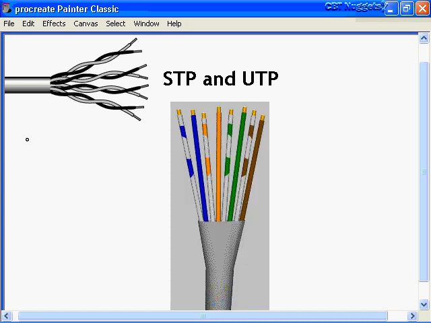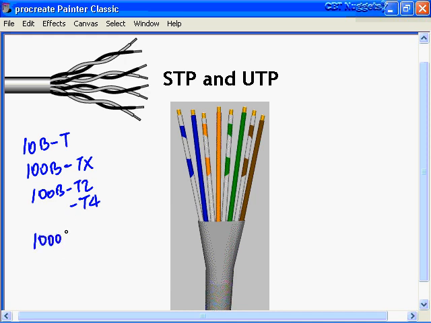As we saw earlier, twisted pair type cables are commonly used with Ethernet physical layers: 10 base T, 100 base TX, 100 base T2 as well. 100 base T4 is also going to use twisted pair cabling, and 1000 base T, or gigabit.